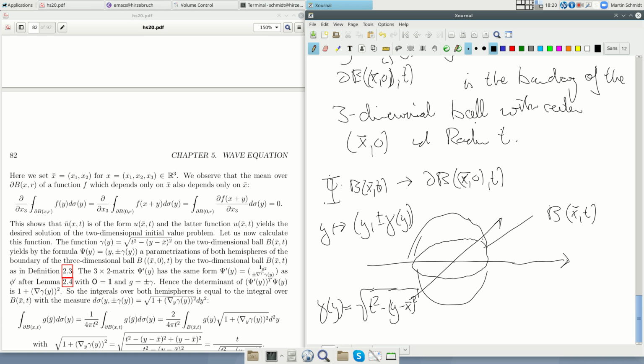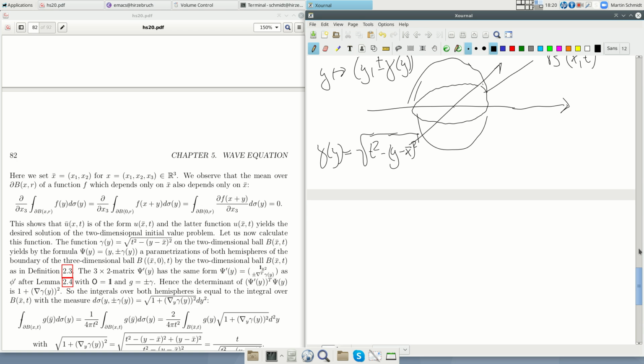We already know how the determinant works: we look for the derivative psi prime of y, transposed psi prime of y, determinant.